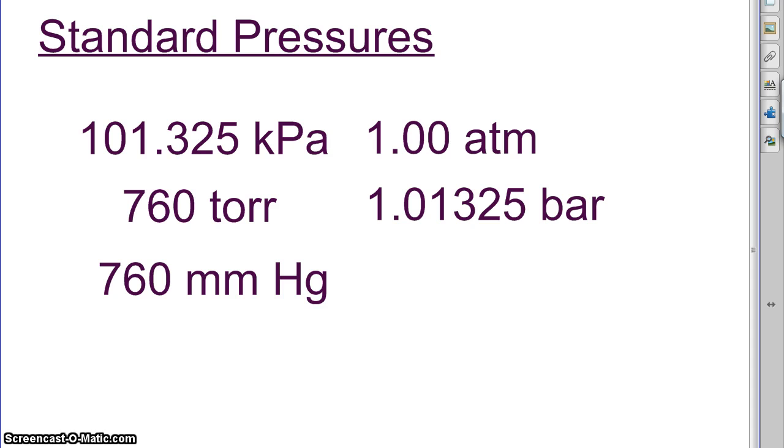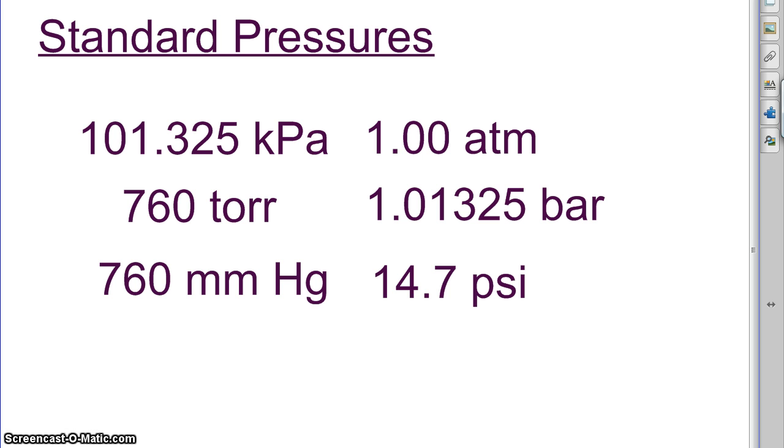There's a unit called the millimeter of mercury. We'll see why that is when we get to barometers. But that standard is 760. Again, you'll notice that torr and millimeters of mercury are actually exactly the same thing. It's just two ways to say the same thing. So that's actually not two conversion factors you have to memorize. One number, 760, will get you either of those.